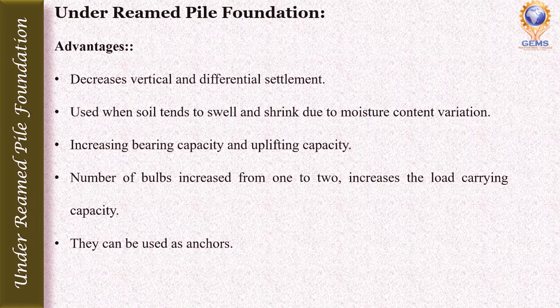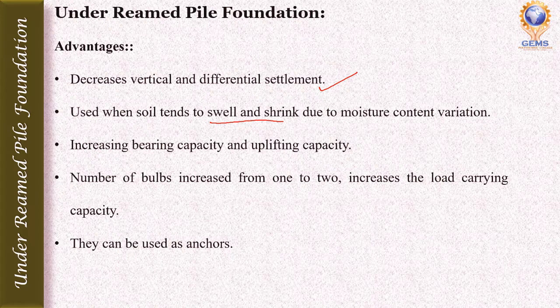So, what are the advantages of the under reamed pile foundation? It decreases the vertical settlement and also the differential settlement. When the soil tends to swell and shrink due to moisture content variation, we go for under reamed piles.